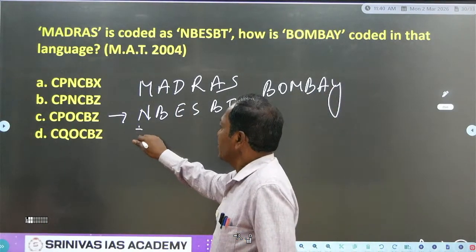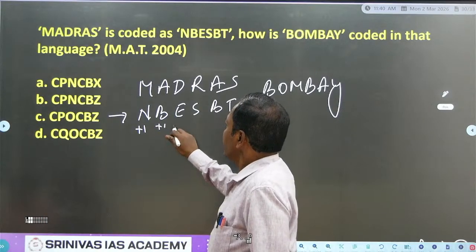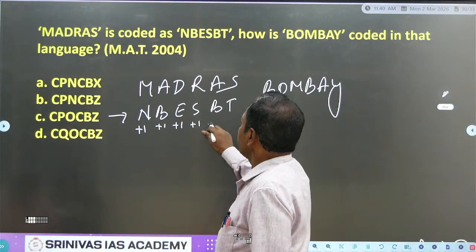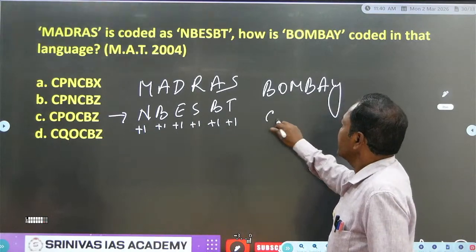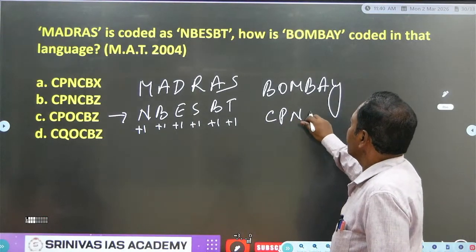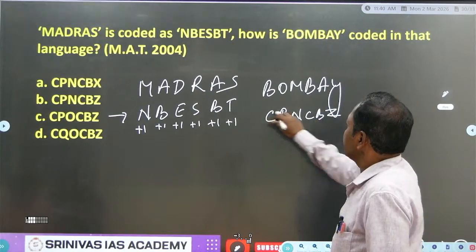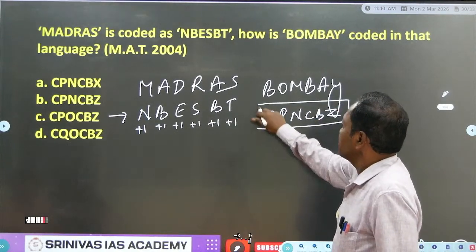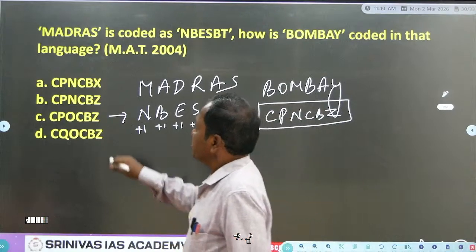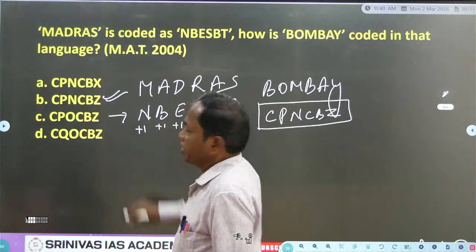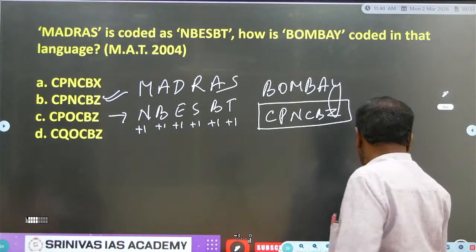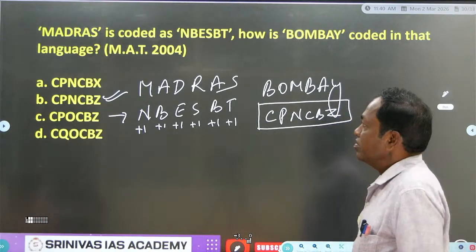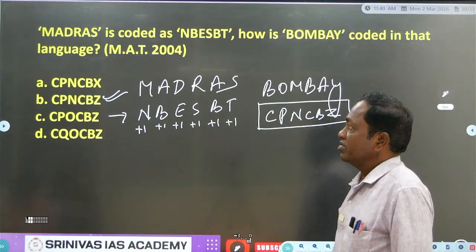MN, AB, DE, RS, AB: all plus 1, very simple. CPNCBZ. Option B. CPN plus 1. Correct it.